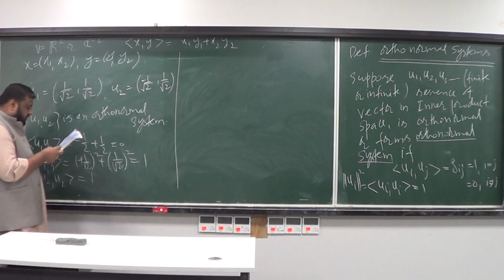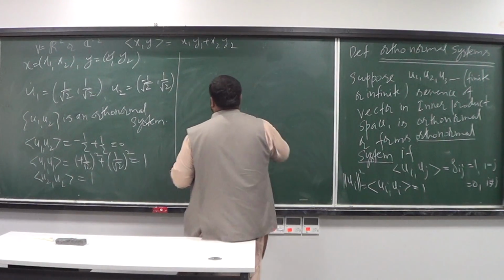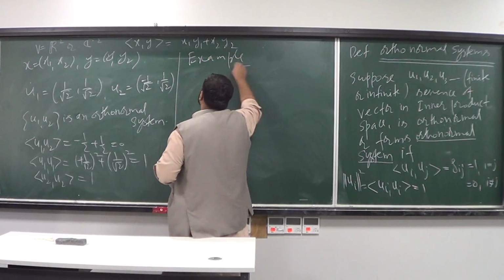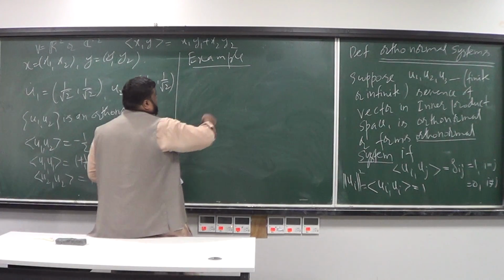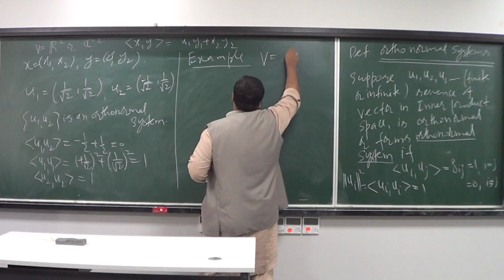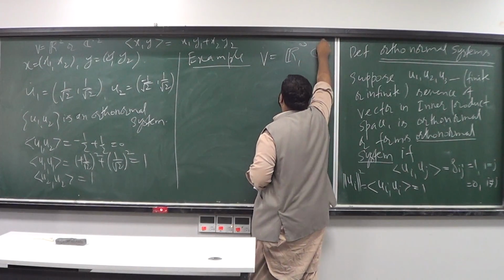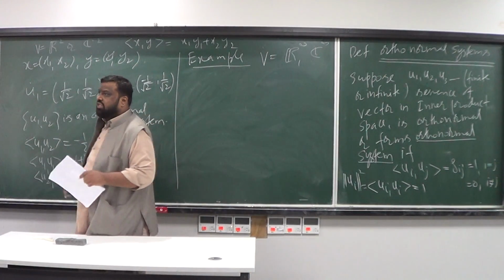Another example could be the following. You take V to be R infinity or C infinity, so it's a collection of infinite sequences of tuples.